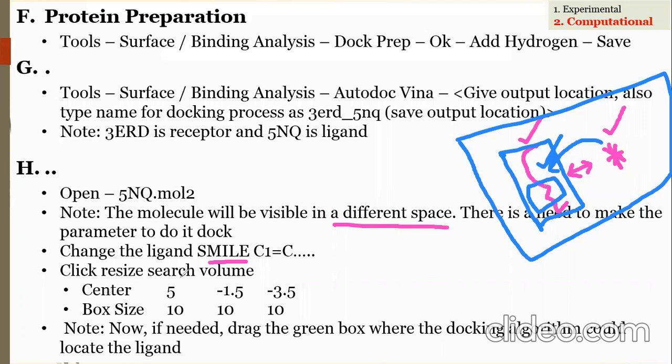After that, resize: these are the values where we need to grid, like you can give 5, 1.4, minus 1.5, minus 3.5, and the box size 10, 10, 10. So this will be the grid box size.